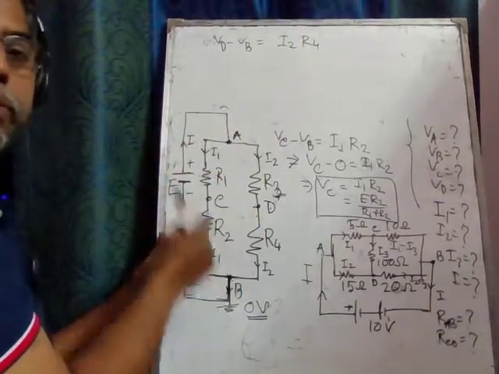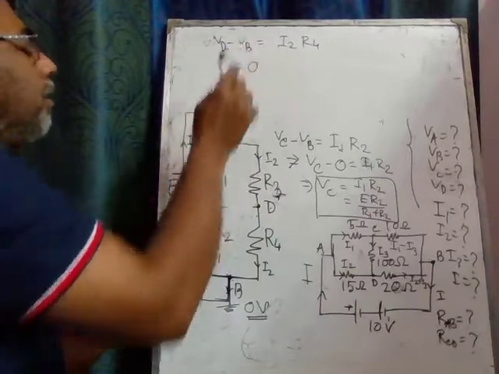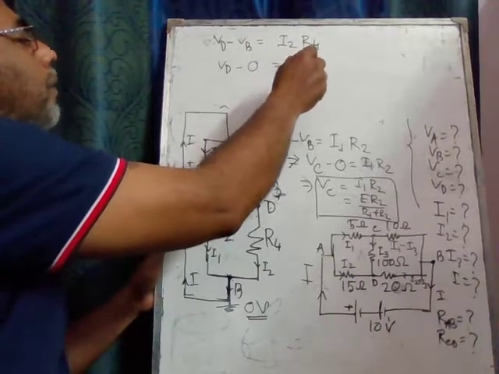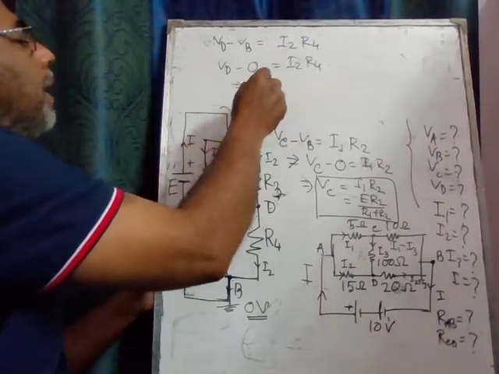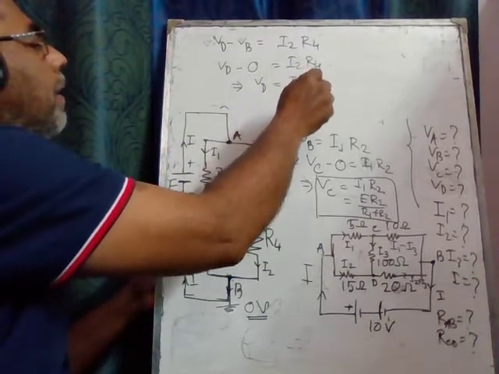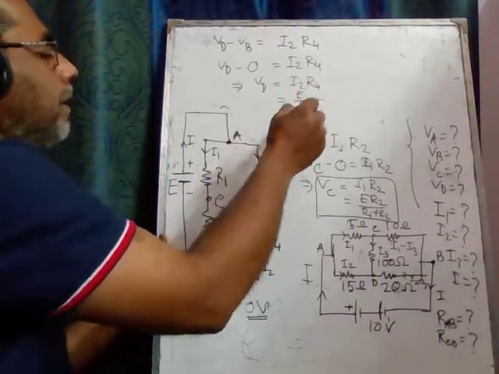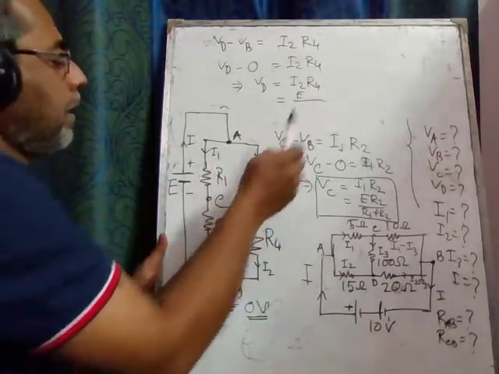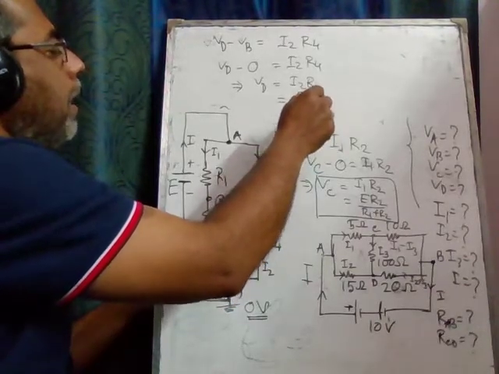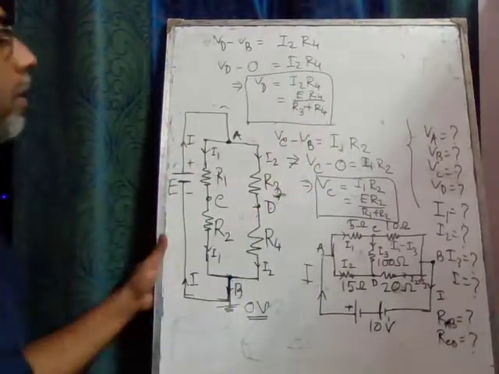This is VD minus 0, because VB is 0, because this is grounded. So this is I2 R4. Hence VD equals I2 R4, and you know that I2 is E over R3 plus R4. So we got VD.